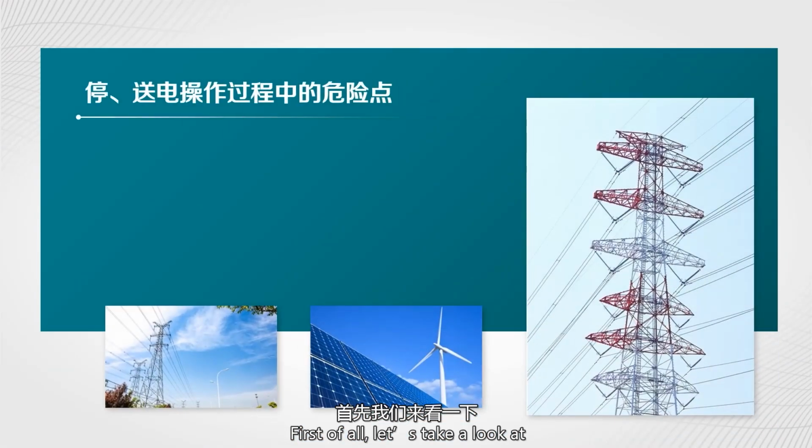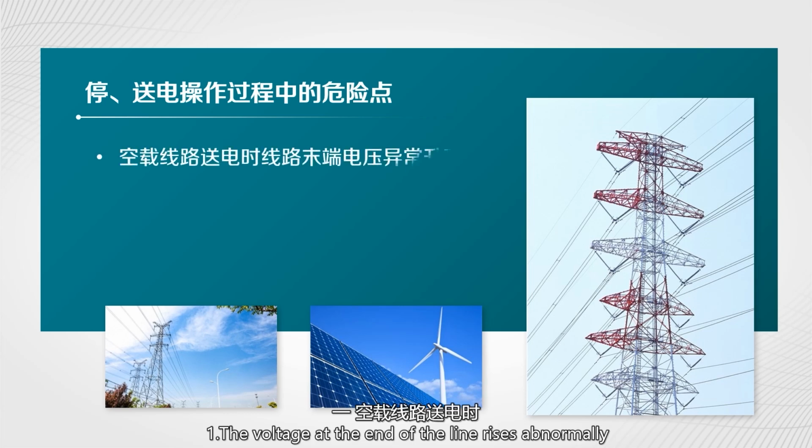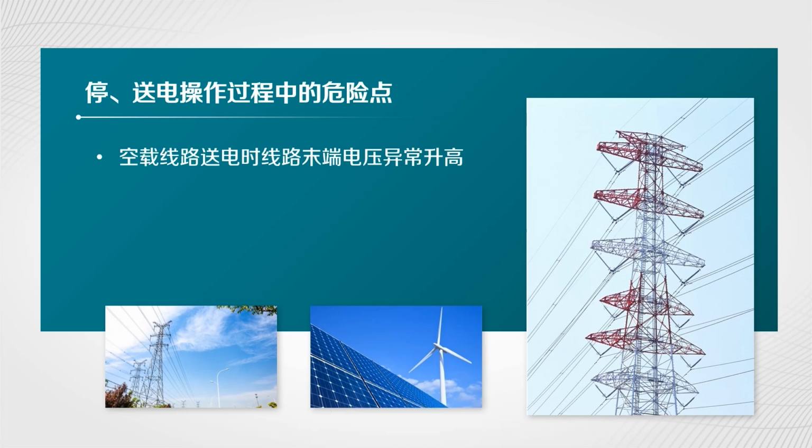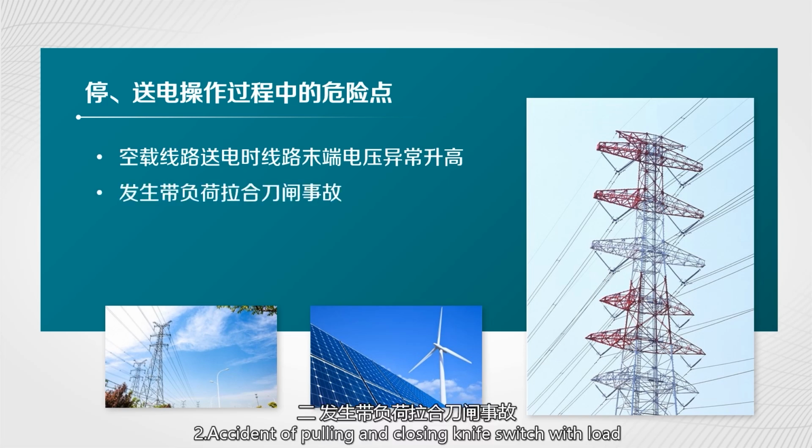First of all, let's take a look at the dangerous points in the process of power outage or transmission on the line. And the main danger points are as follows. 1. The voltage at the end of the line rises abnormally when the no-load line is transmitted. 2.